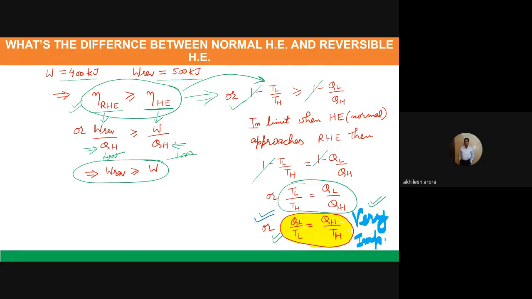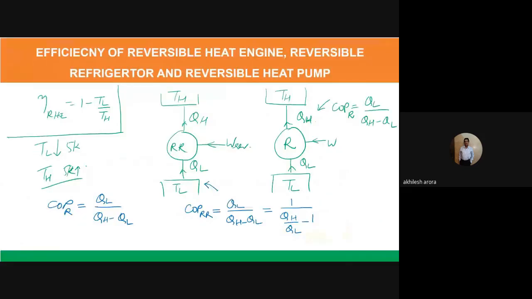So I can utilize this equation here, QL by TL is equal to QH by TH, or otherwise I can say that QH by QL is equal to TH by TL. So you can see the COP of a reversible refrigerator comes out to be 1 over TH by TL minus 1.